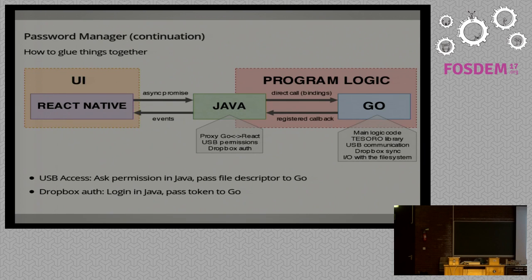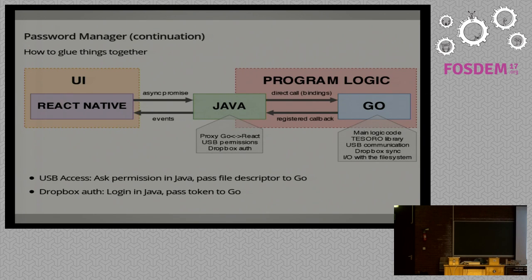But there are a few things: since it's a small device that you connect to your phone, we need to access the USB. For that, you first need to ask permission in Java and open the connection to the USB, and then pass the file descriptor to Go, and then in Go you are ready to use it.